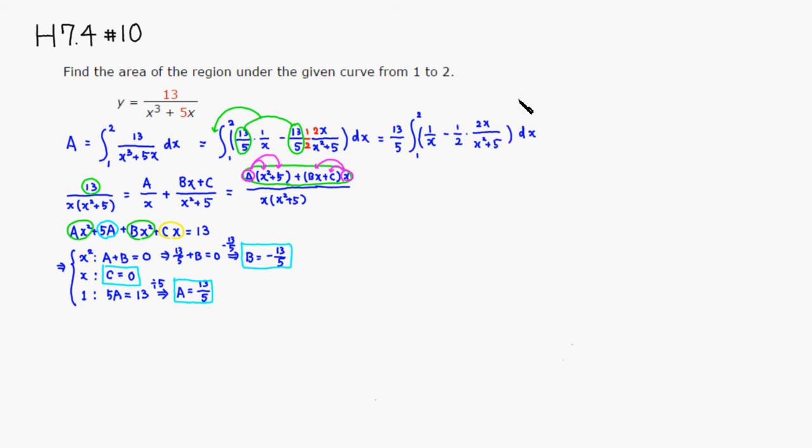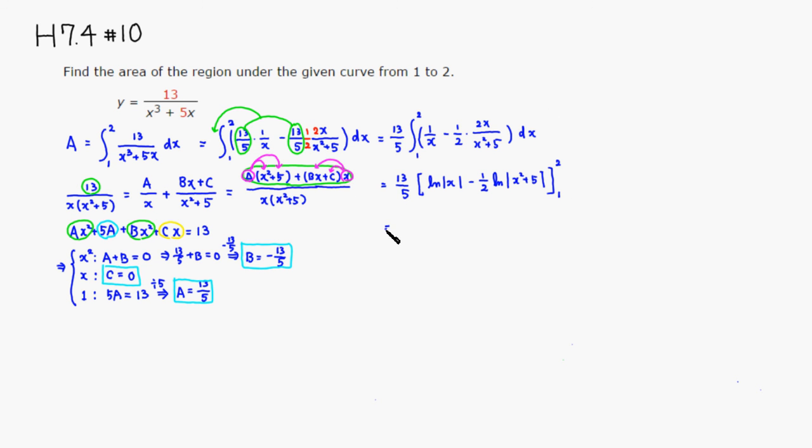Going down here, we have 13 over 5. The antiderivative of 1 over x is the natural log of the absolute value of x, minus 1/2 times the antiderivative of 2x over x squared plus 5, which is the natural log of x squared plus 5. Actually, we don't really need the absolute value. Then you are going from 1 to 2.